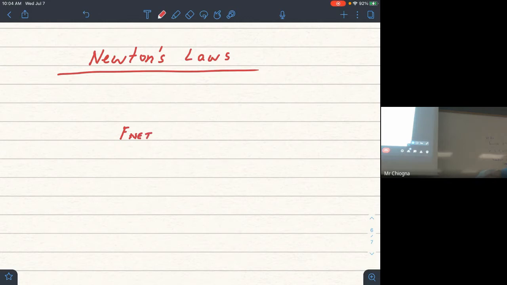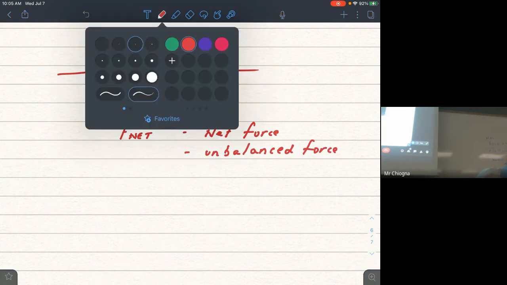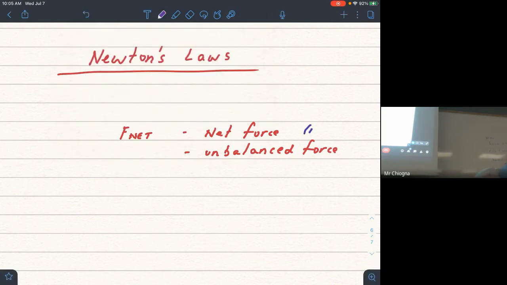So this refers to net force, also called or known as an unbalanced force. It has units of newtons, like all forces do.